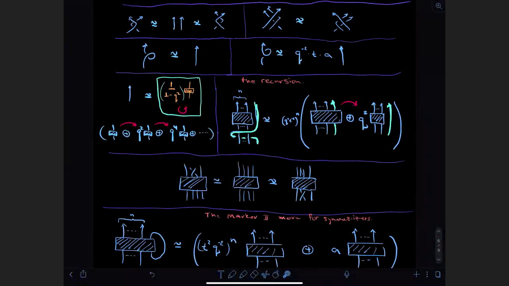Mapping cones, iterated mapping cones, really I just want to think of them as direct sums where you turn on an extra term in the differential.